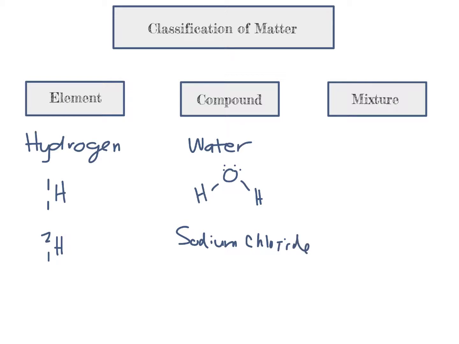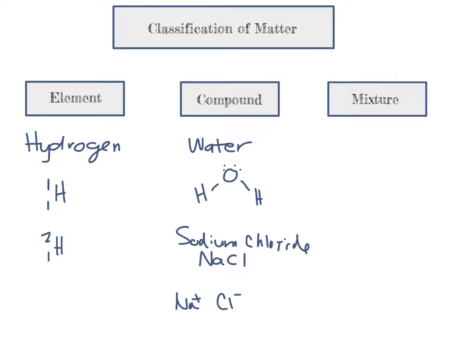You could write its formula, sodium chloride, so you can see that there's two different elements there, but it's really better to model it as having a sodium ion charge and a chloride ion charge closely connected together in a lattice, and that's repeating, and we'll go over that later.